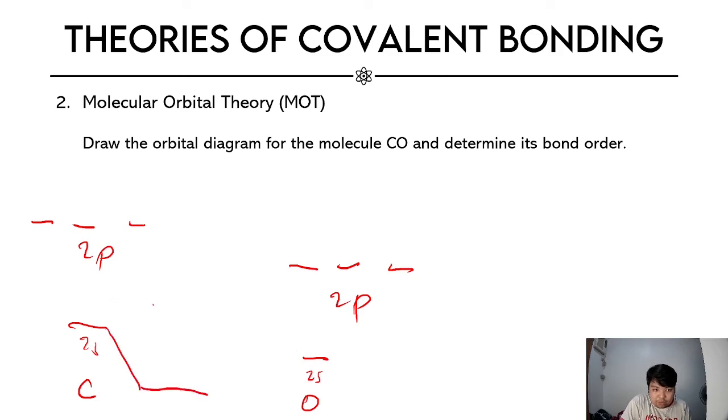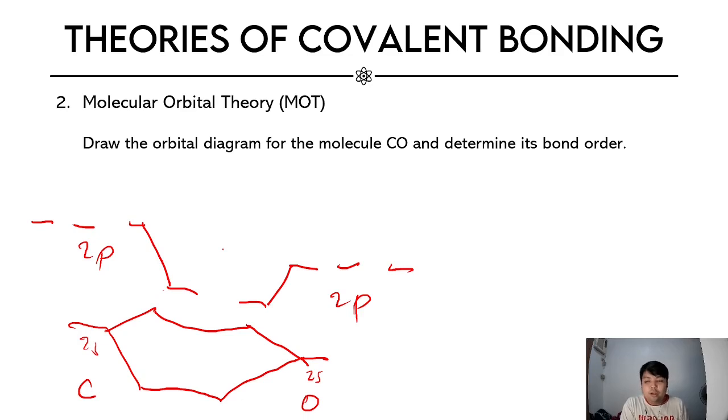So when they mix, we draw the molecular orbitals. Now, in order for there to be a perfect balance in the contribution of the atoms in the linear combination of atomic orbitals, we drew it such that sigma 2s is higher in energy than sigma 2p.